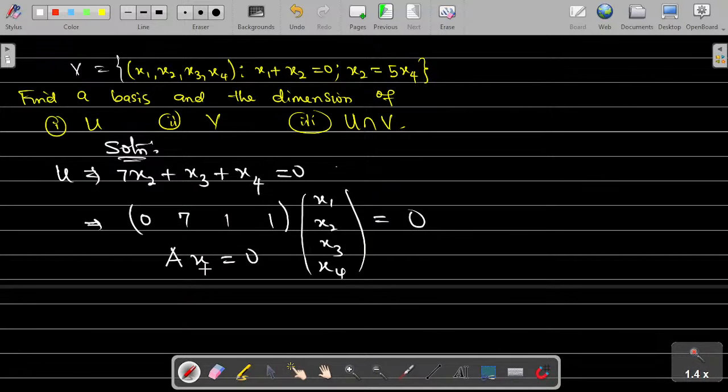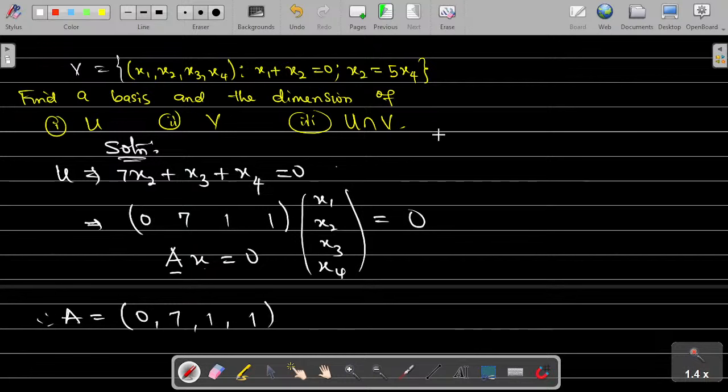So our A is the matrix, x is all these values of x, and then you have your 0. Therefore our A is equal to the vector 0, 7, 1, 1.